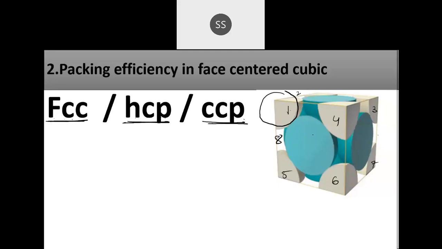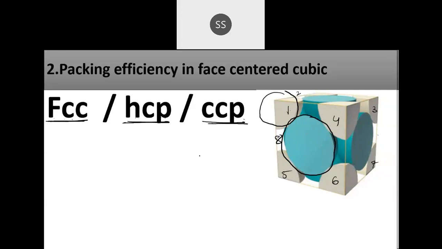So there are 8 corner atoms, and then one atom on each of the faces. On every face you will see one atom. This blue one is the face-centered atom. So now we need to calculate the packing efficiency for this face-centered unit cell.